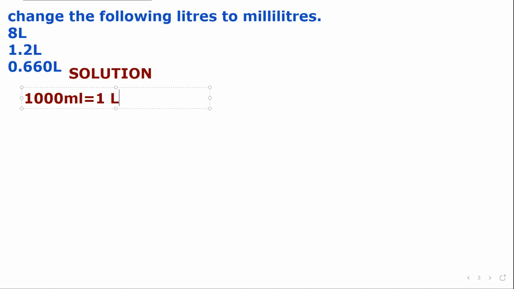Then, because this time you want to change from liters, and the liters have been given to us, you have to record it under the liters. So this time you record here, equal sign. So here will be the liters. So you have to record 8 liters here.